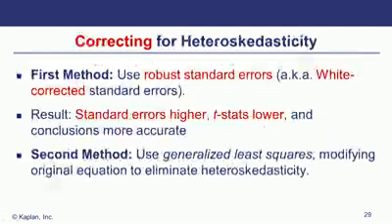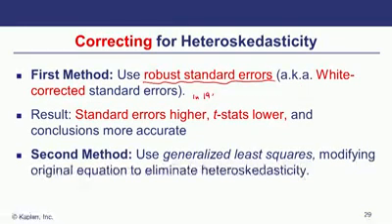Okay, we're now moving on to the correction. How do you correct heteroskedasticity? The first method is to use robust standard errors. They are also known as White-corrected standard errors. The reason is very simple. In 1980, Professor White wrote a paper explaining, with some mysterious calculus, how we can fix these standard errors.